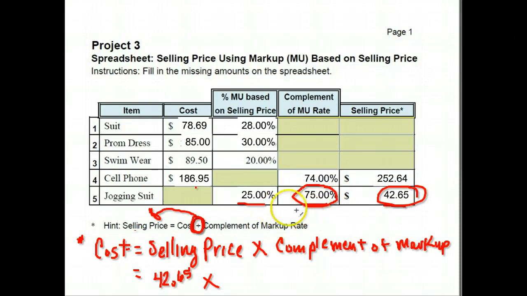It was 75%. Our markup was 25. The complement of that is 75. Move the decimal 2 places to the left to put it in decimal form, and then just multiply. So we have 42.65 times 0.75. We get $31.99. So the cost for this item is $31.99.